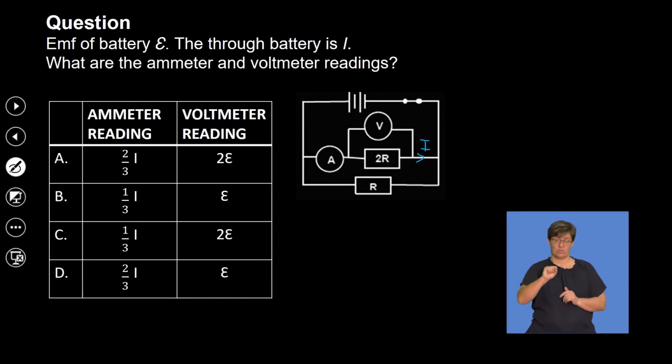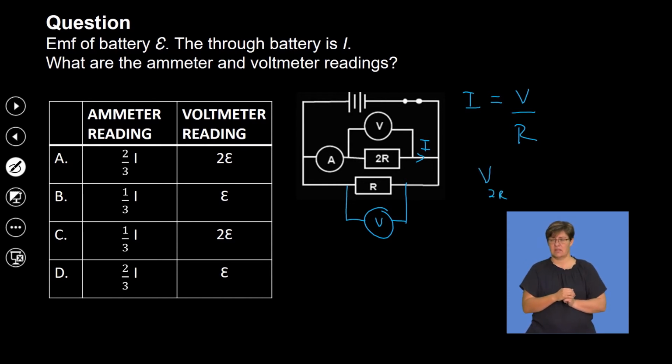Remember, from Ohm's law, we know that current is equal to V over R. So what else do we know? We know that V across R is equal to V across 2R. Why? Because these 2 resistors are connected in parallel. So V across 2R is equal to V across R, because it's a parallel circuit.